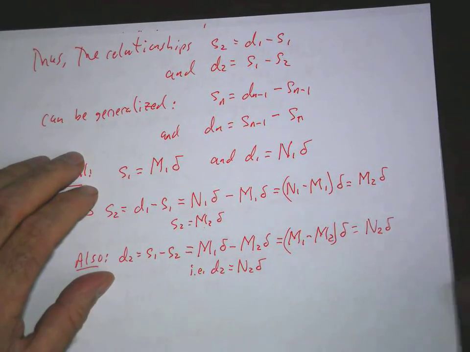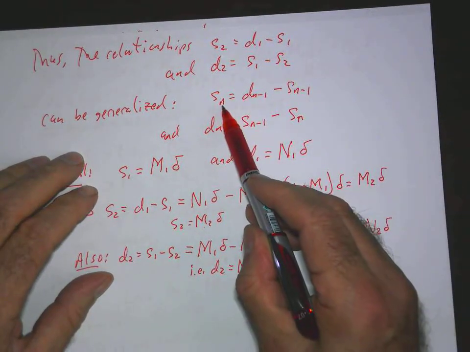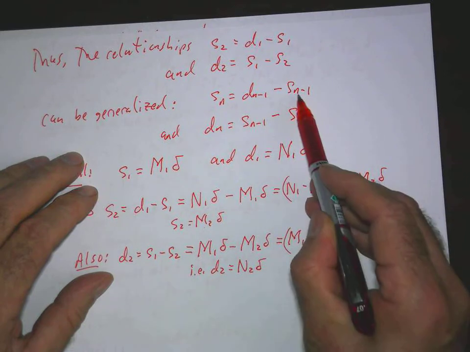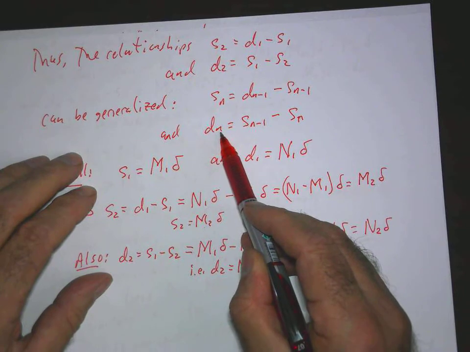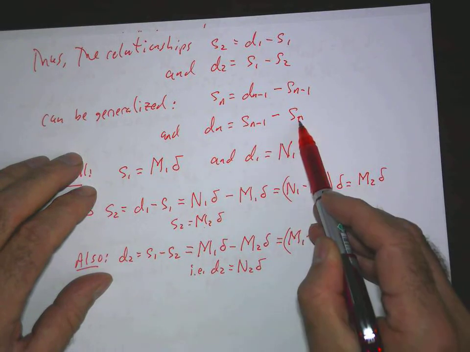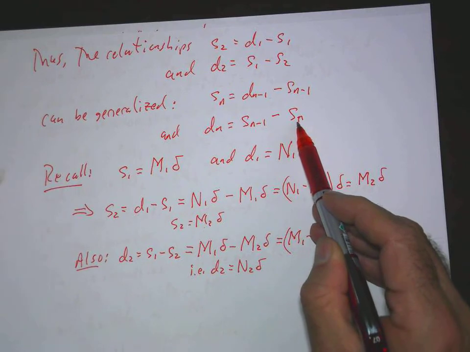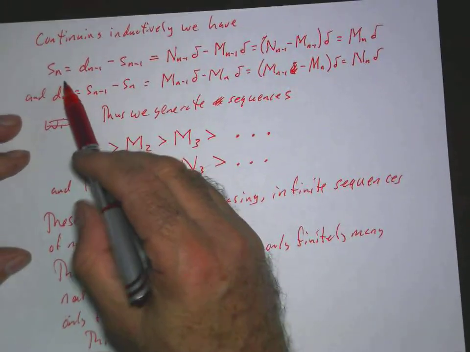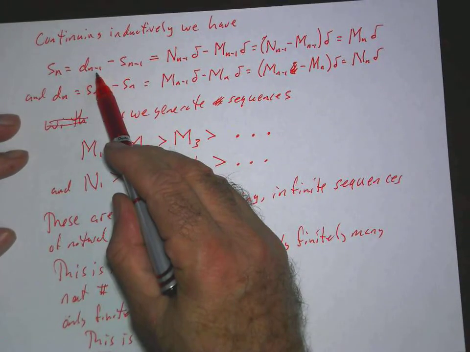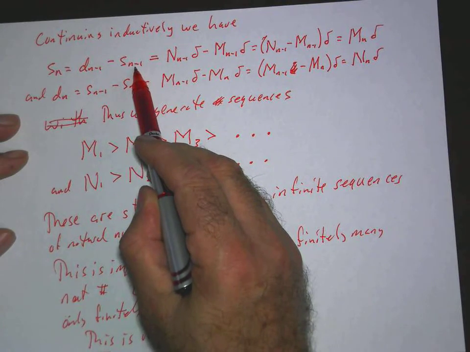namely that S sub n equals d sub n minus 1 minus S sub n minus 1 holds, and d sub n equals S sub n minus 1 minus S sub n. That we have S sub n is d sub n minus 1 minus S sub n minus 1.